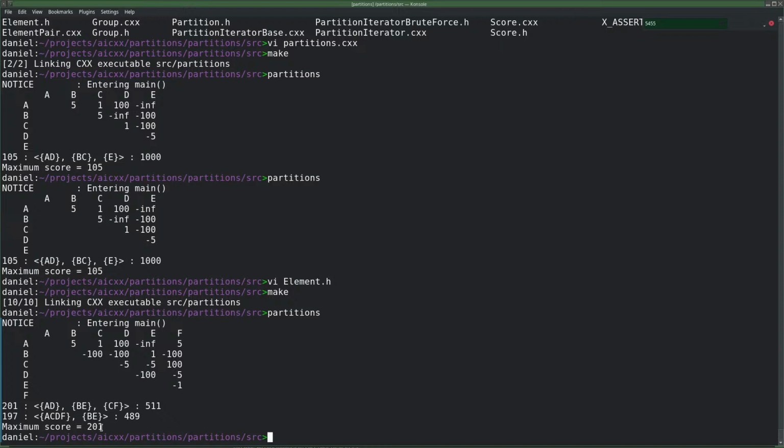Right, so I could add another algorithm which just picks two elements and tries to move them. Which two? Well, we have ACDF. That's already a lot of pairs, but maybe I can at least look at the pairs.